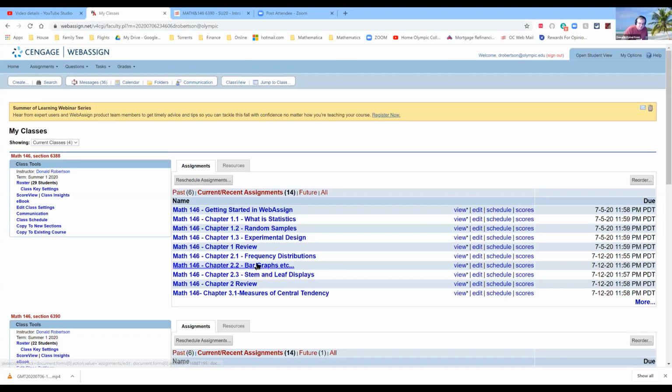Now, you can't expect too much in the way of questions from this section, I'm assuming. So let me see if we can get this. This is bar graphs, and we'll do a quick view. Are you lot looking at section 2.2 bar graphs? Can you see it?